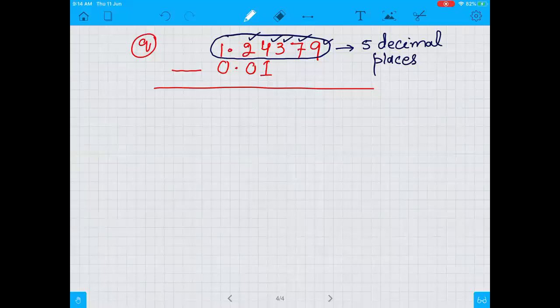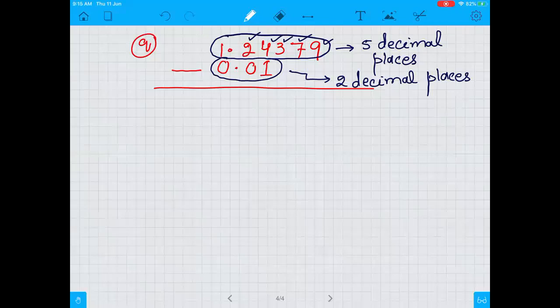The second value, this one, has 2 decimal places. So 0.01 has 2 decimal places and 1.24379 has 5 decimal places. Now if we subtract these two values, what would be the answer that we get?